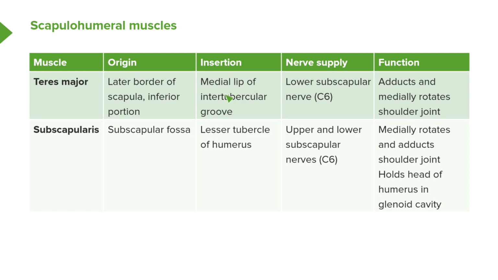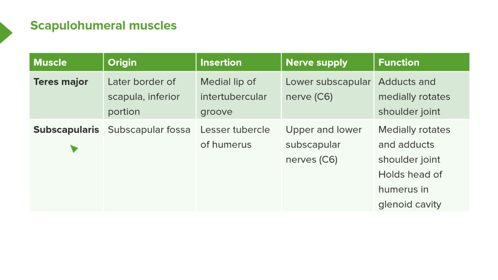Specifically, it attaches to the medial lip of the intertubercular groove, and here we can see it's innervated via the lower subscapular nerve. It adducts and medially rotates the shoulder joint. So teres major is an adductor where deltoid and supraspinatus were abductors. Teres major helps to adduct and also medially rotate the shoulder joint.